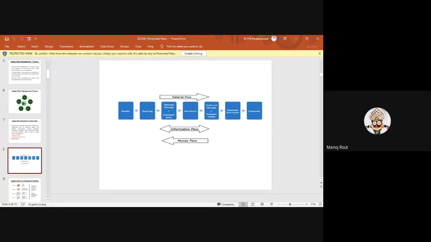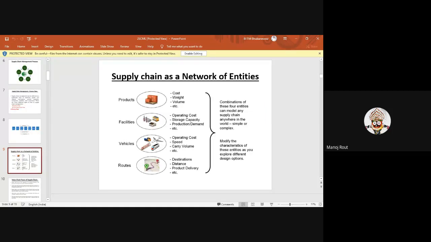We are going to discuss that in the next chapter. The next part is money flow. Basically the money flow is in the reverse way, starting from the consumer to distribution center, then distribution center to inbound storage, then operation activities, then inbound storage, then sourcing, and finally it reaches the vendors.